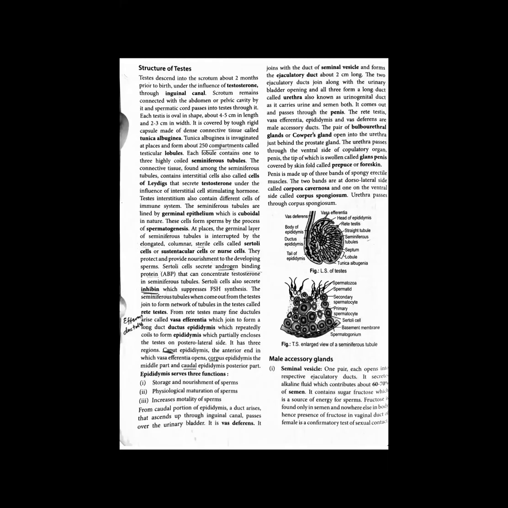So you can see here, the epididymis has three regions. What are the three regions? Caput epididymis, which is the starting part. So this is the testis. On top of it, the first one is the anterior region, called the caput epididymis.